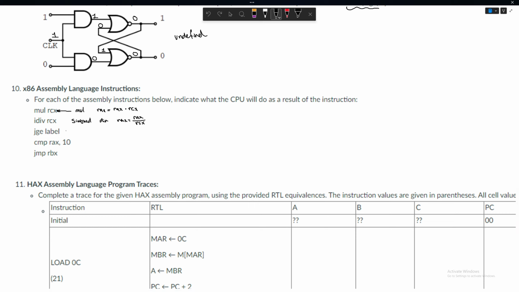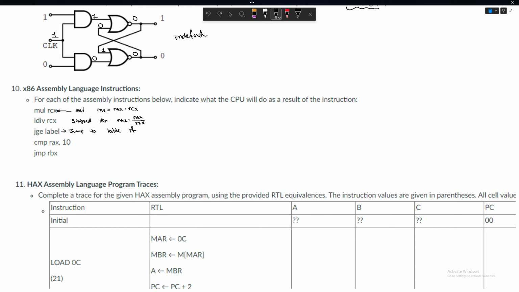JGE, and so this will jump to label. The other way you could say it, I'll write it 2 ways. But we'll jump to label if whatever this means.